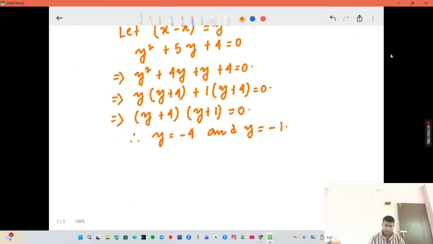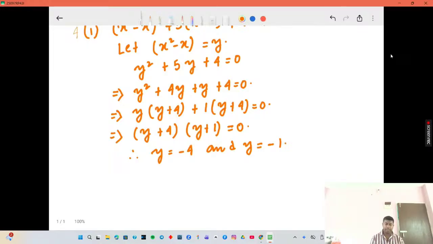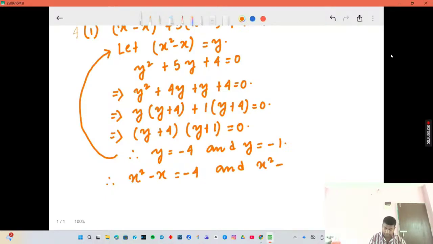Okay. Now here you can see that I have taken the value of y as x square minus x. As you can see, I have taken let x square minus x is equal to y. Therefore, we can write x square minus x is equal to minus 4 and x square minus x is equal to minus 1.